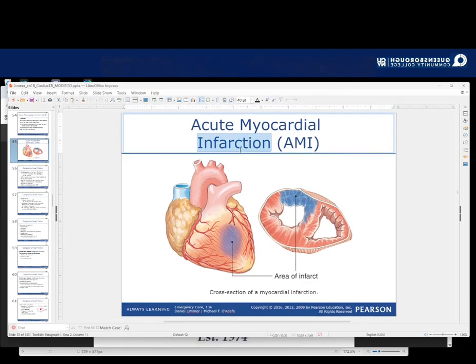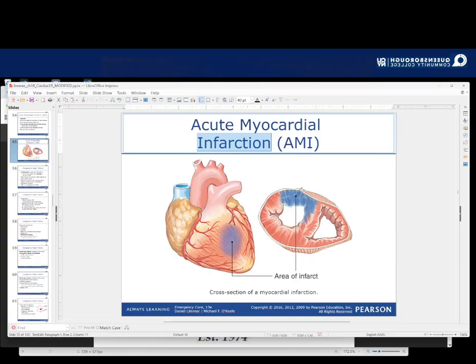MI, so cell death. This is a slice of the heart that was cut away on autopsy, but then an artist's representation of it. It could be transmural, meaning mural is wall, trans is across, so the entire wall is affected, and this whole section died.